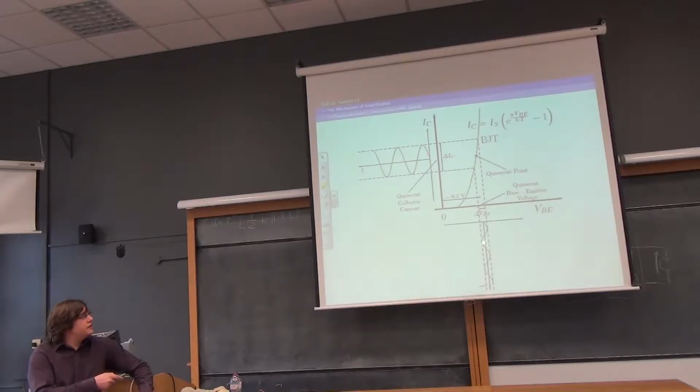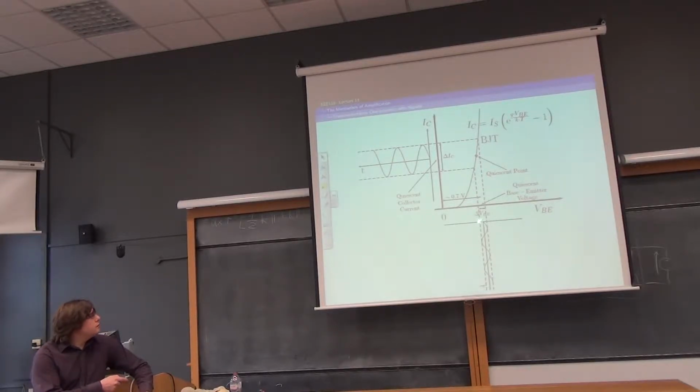So the sine wave is superimposed on the average value. And the average value is going to be in the order of 0.7 volts for a bipolar transistor. And this will yield a certain collector current. This will be our average collector current, and that will always flow. And we'll call it the quiescent collector current, because it's what exists when there are no signals, and no signals is quiescence.